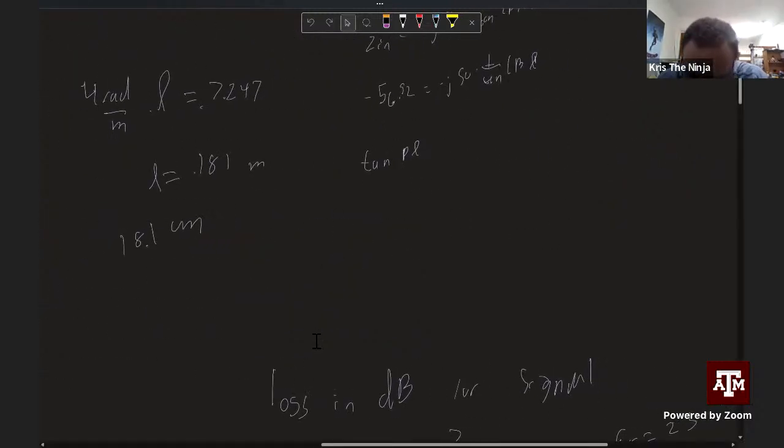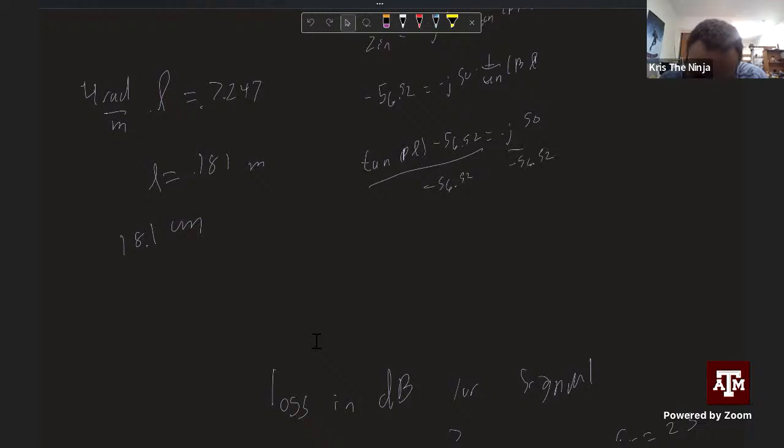I think I'm working it out right over here. Then you divide this by negative 56.52.